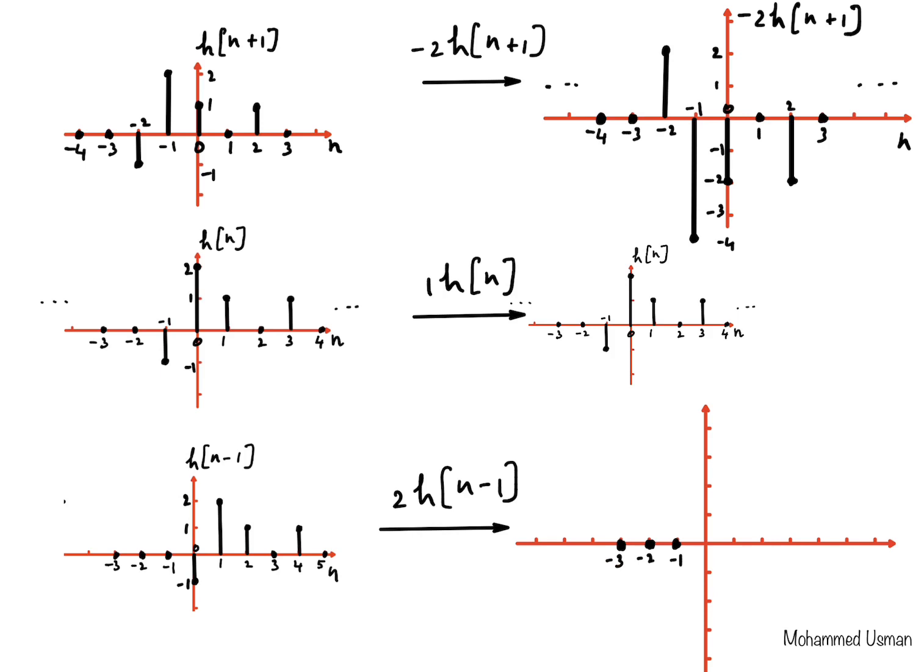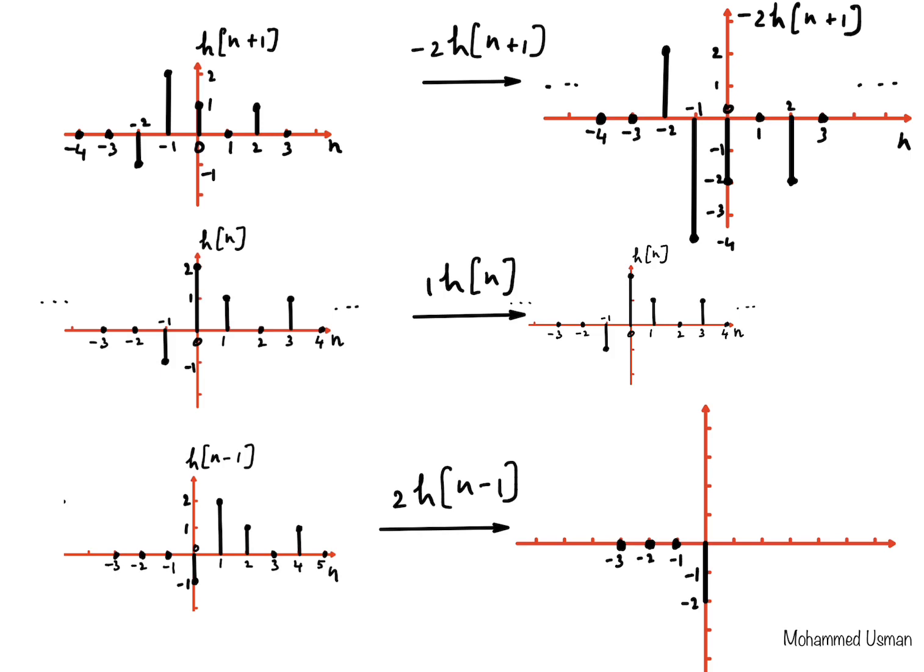For n equal to 0, that is for this value here, the value is minus 1. So minus 1 gets multiplied by 2, so we'll get minus 2. So 2 into minus 1, now it is scaled up. Now it is having a height of minus 2.